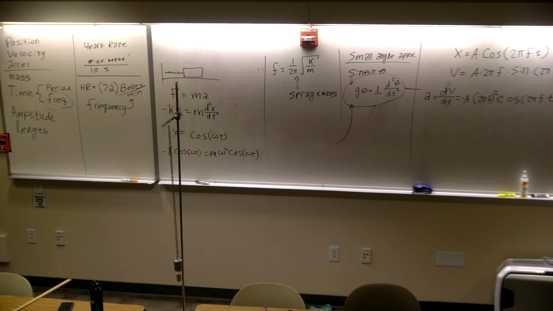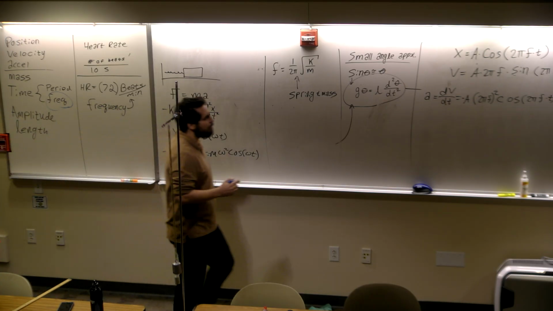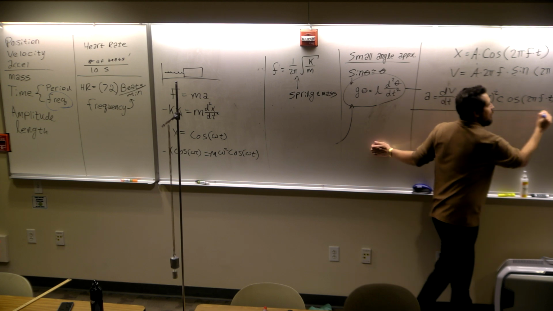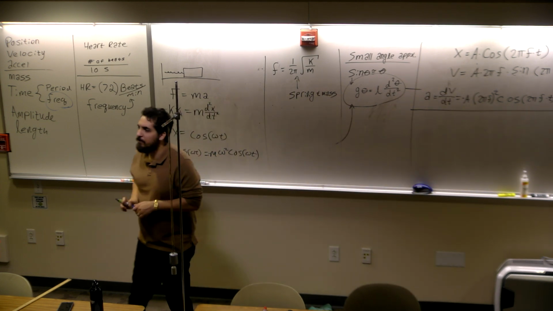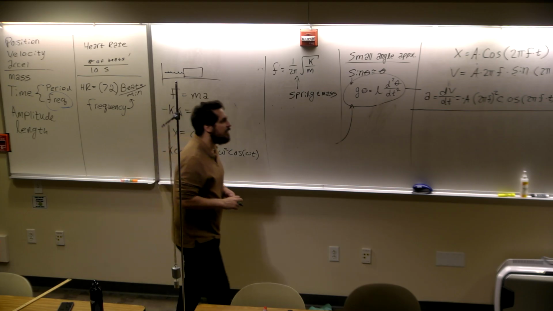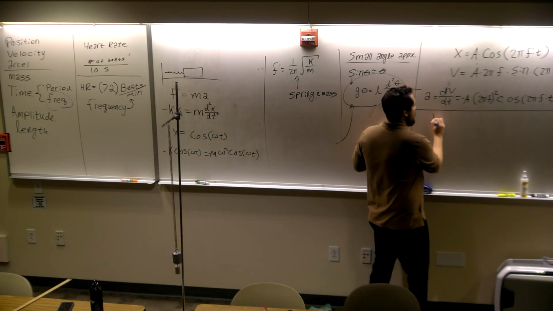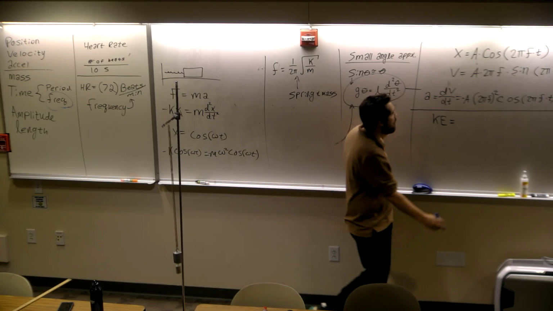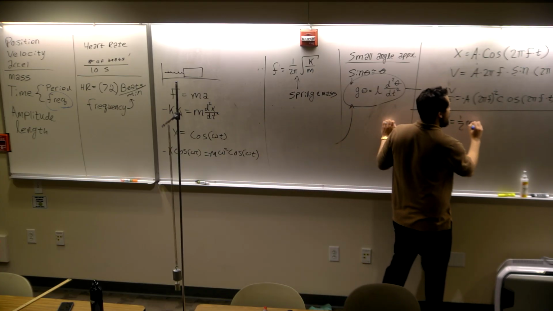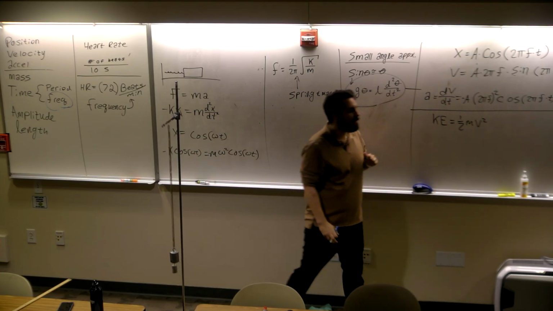Now, why is the velocity important? The velocity is important because it can tell us something about the energy involved in our system. Well, how do we find the energy? The energy is made up in part by kinetic energy. Kinetic energy being 1/2 mass times velocity squared.